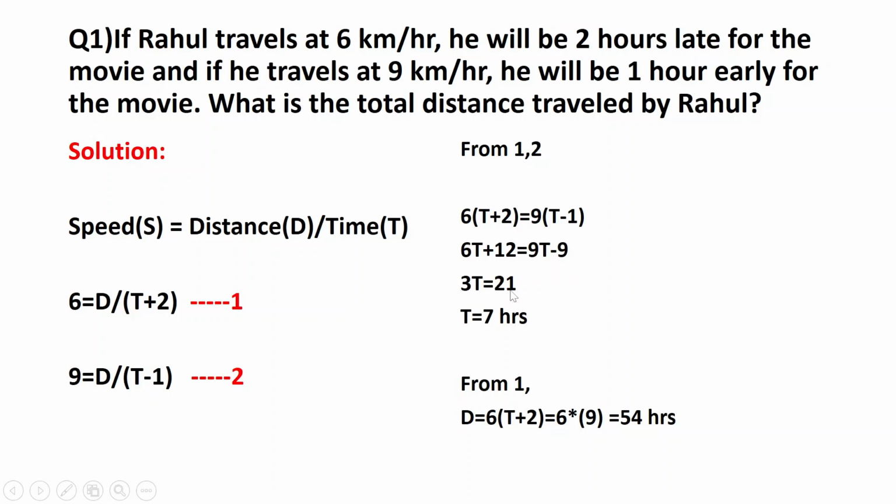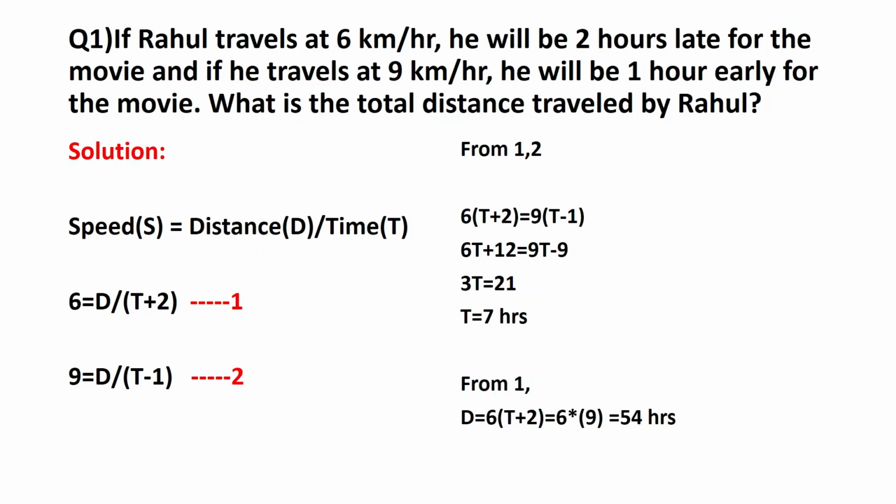Therefore 3T = 21, T = 7 hours. Therefore from 1, the distance is equal to 6 into (T + 2), 6 into (7 + 2), 6 into 9, that is 54 km. That is very, very important.